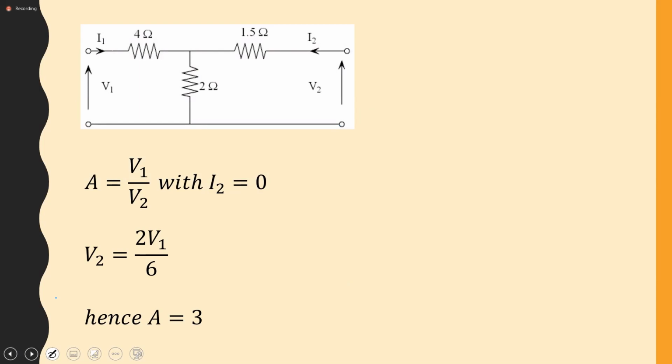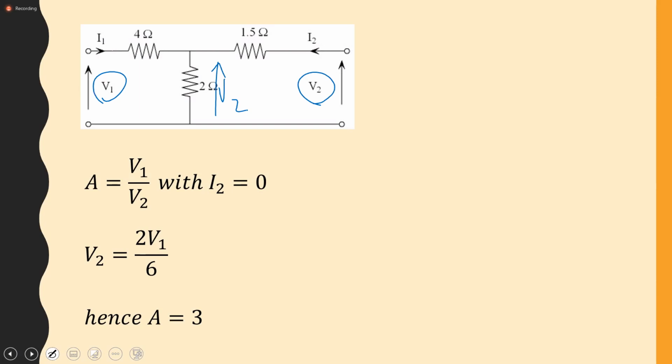In finding A, what we're doing is finding a relationship between V1 and V2. With port 2 open, V2 would be the voltage across the 2 ohm resistor. We just apply voltage divider, because the 4 and the 2 are in series.